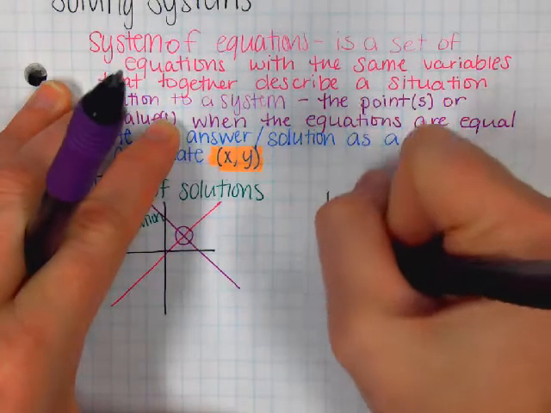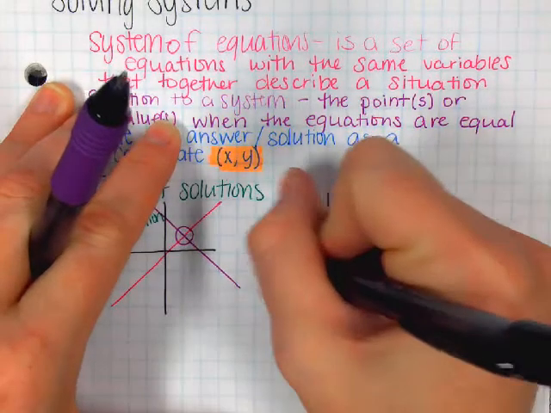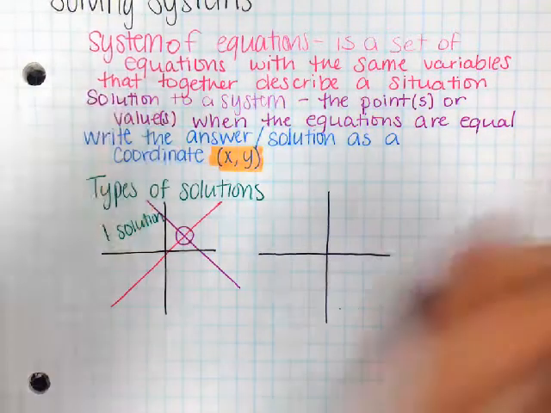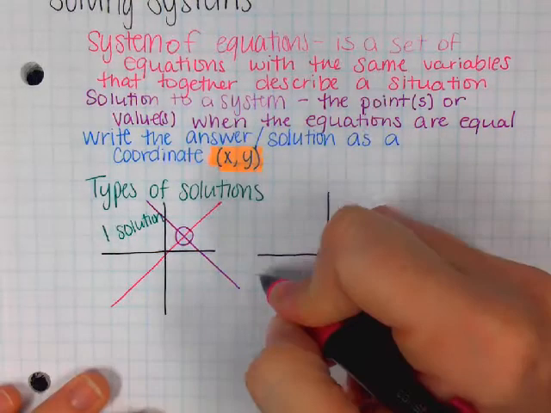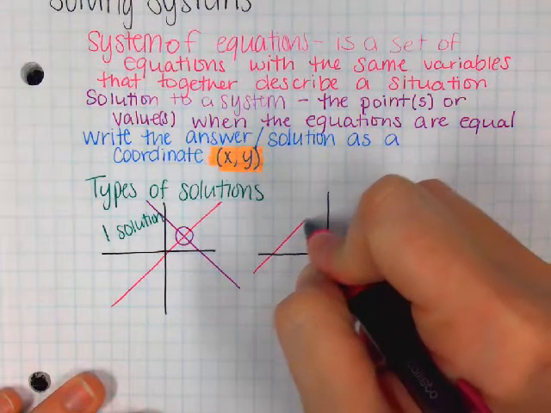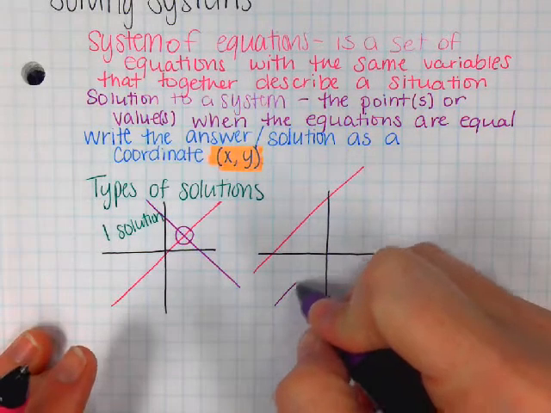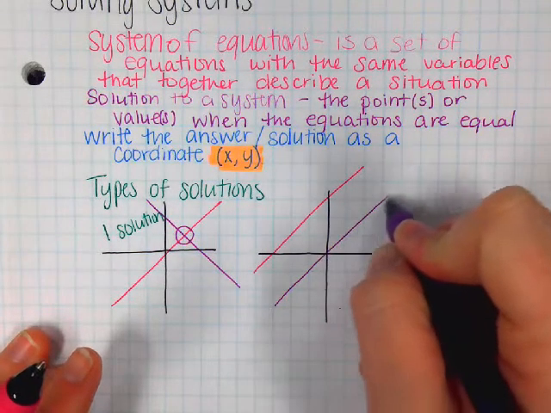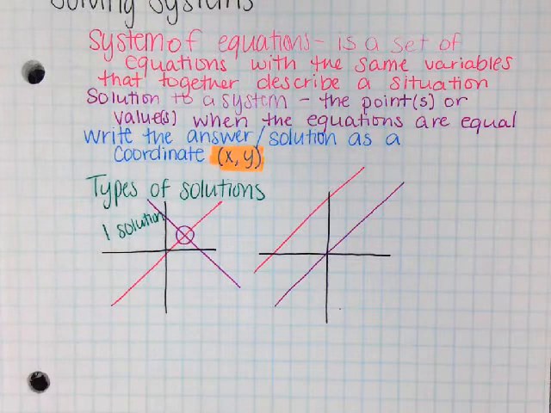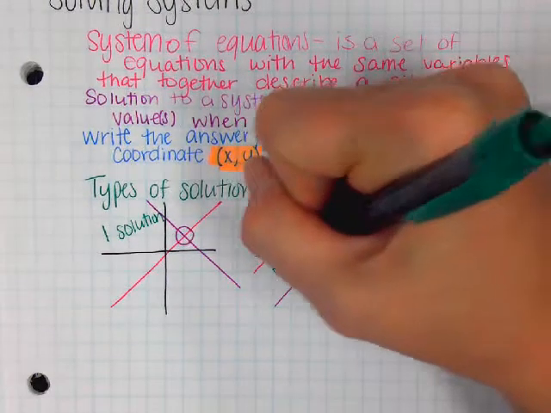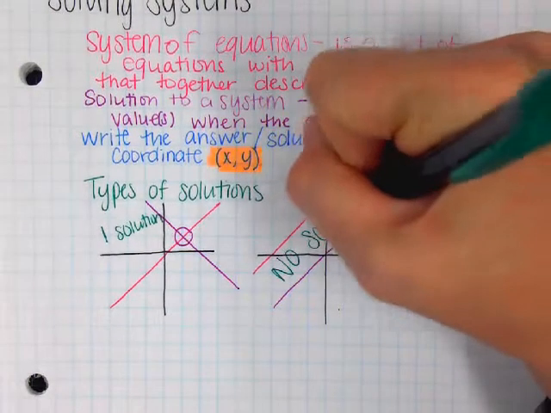You can have something that looks like that, where they never cross, and this would be no solution.